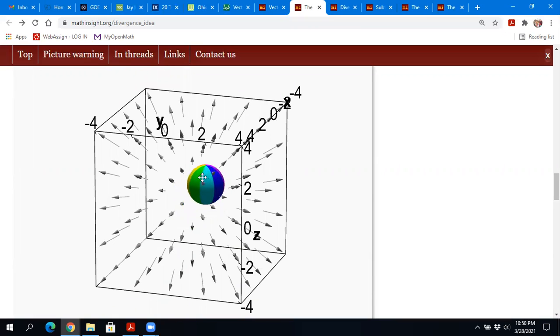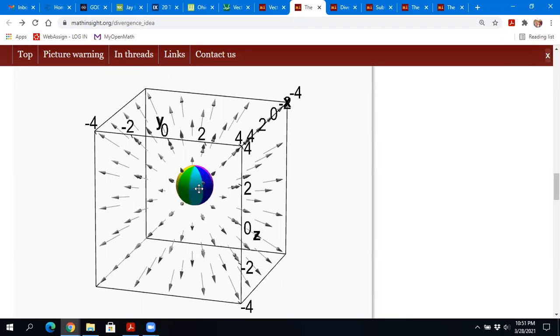You can actually move this sphere around and think about whether overall the vector field is tending to come out of that sphere or go into that sphere. Okay, that is, is that sphere acting as a source or a sink? Is it tending to rob material or create material?